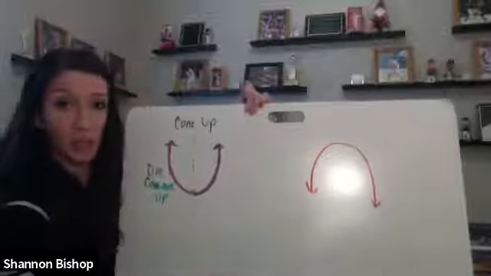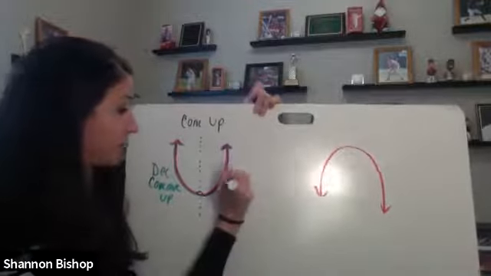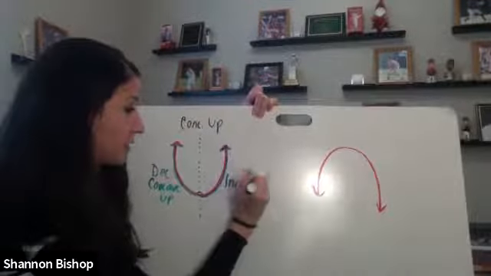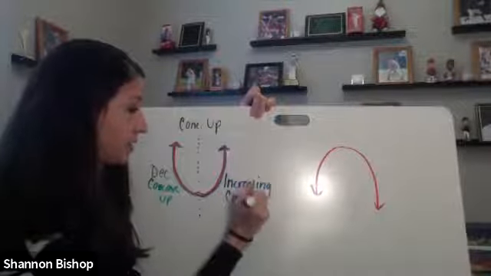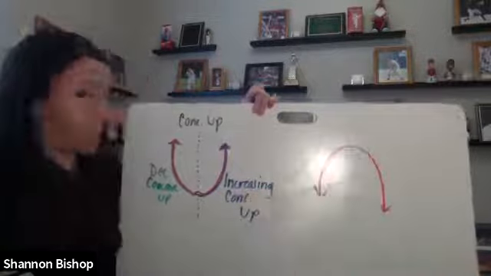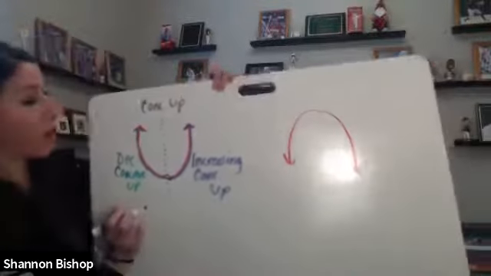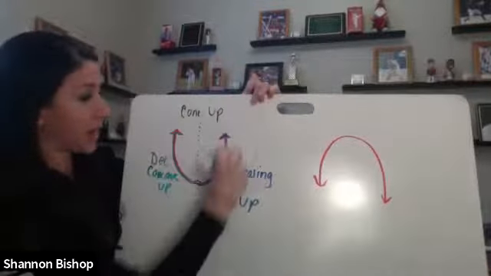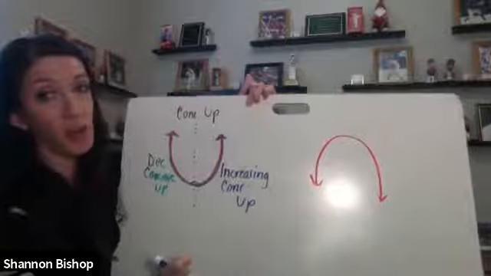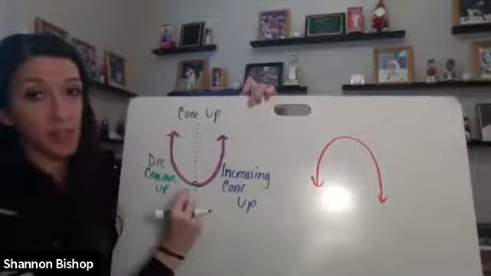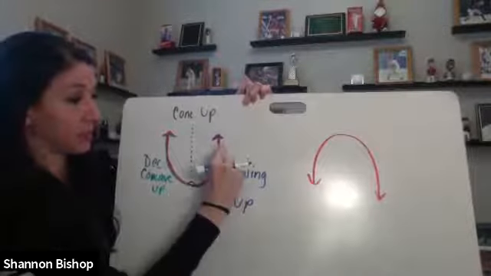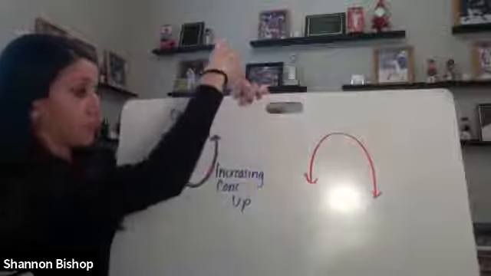And that portion of the graph is increasing, and yet, yes, still concave up. So just because the entire curve is considered concave up, within that concave up curve you have a decreasing section that's concave up and an increasing section that's also concave up.